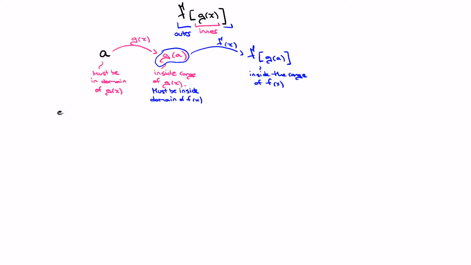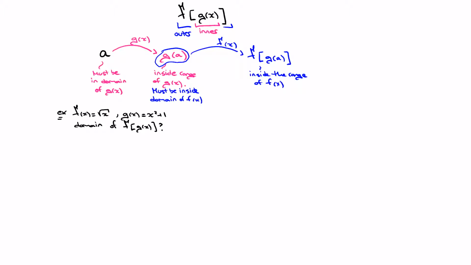So let's say we're given the following. f of x equals the square root of x, and g of x equals x squared plus 1. And we need to find the domain of the composite function f of g of x.